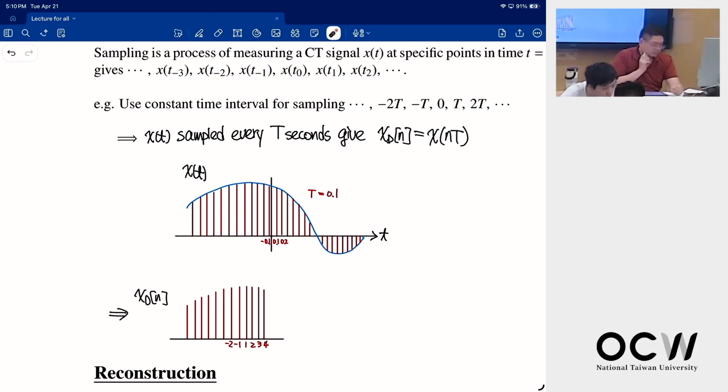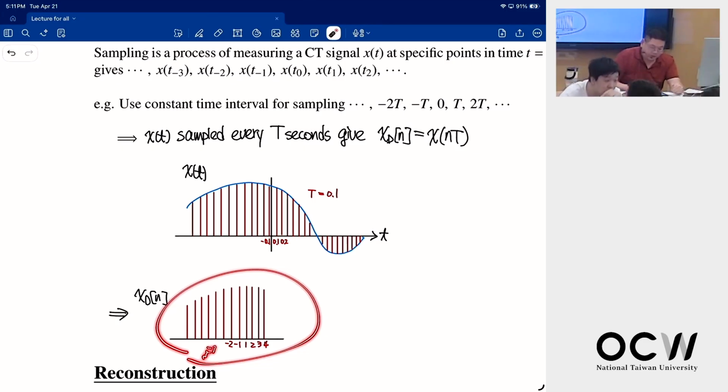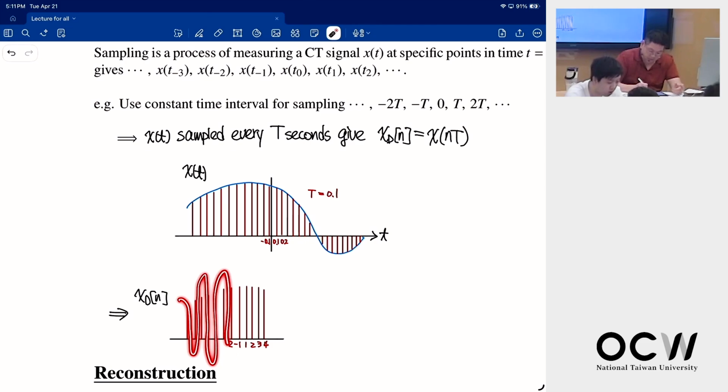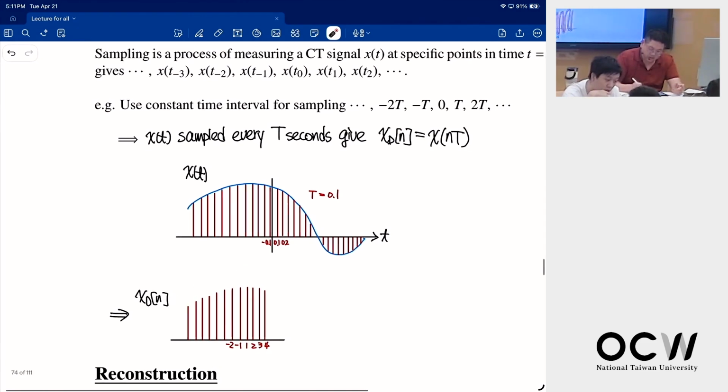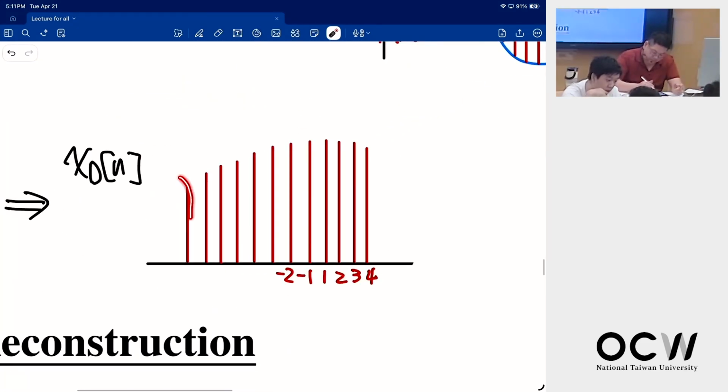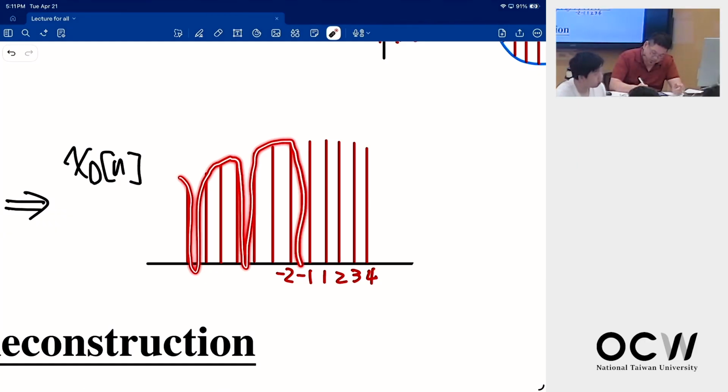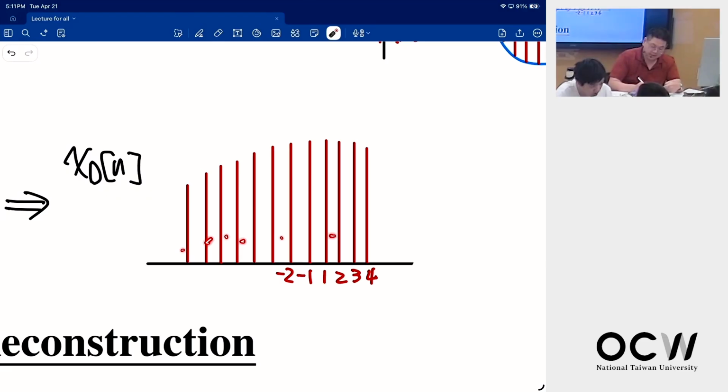The question is, if I give you this, can you reconstruct the signal perfectly like having this? It looks like intuitively you try to connect that, right? But maybe this is like that. This may be here. For this signal, when I sample it, I also get the same stems, same magnitude, right?